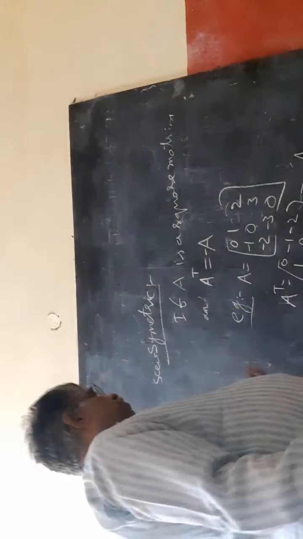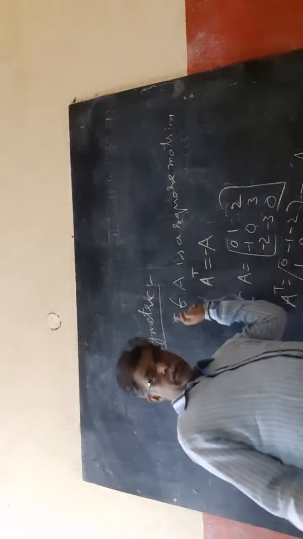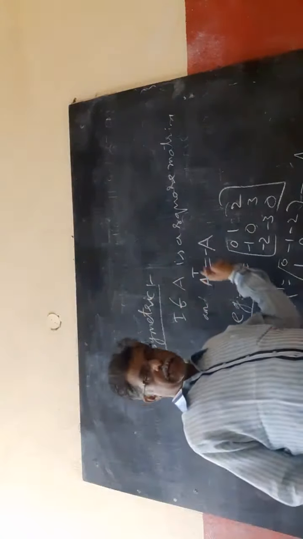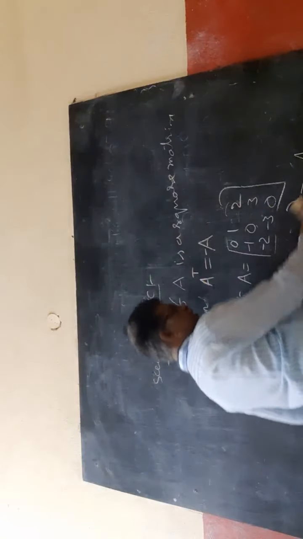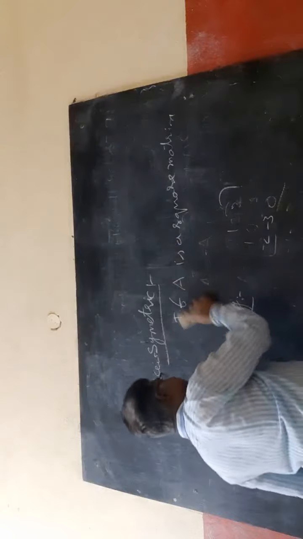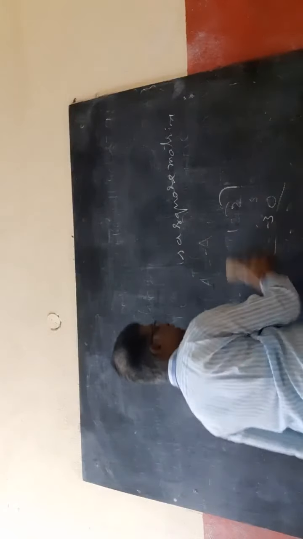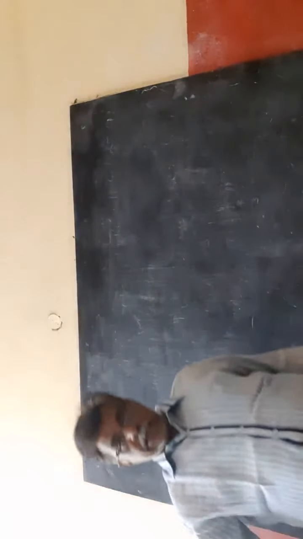So symmetric means A transpose equal to A, skew symmetric means A transpose equal to minus A. All these we already discussed. And every square matrix can be expressed as sum of two matrices. One is symmetric, other is skew symmetric. Any square matrix can be expressed as sum of symmetric and skew symmetric matrices.